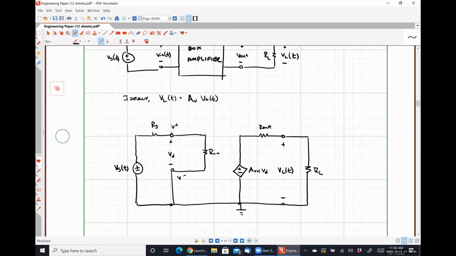From our ideal response of this system, where we want our load voltage to be some voltage gain multiplied by Vs of t, we need to figure out two things, really.